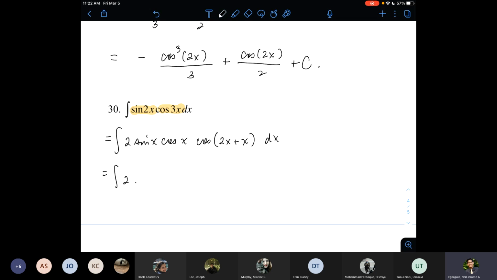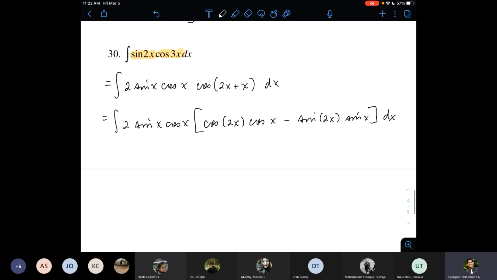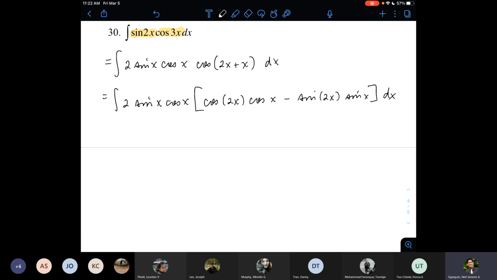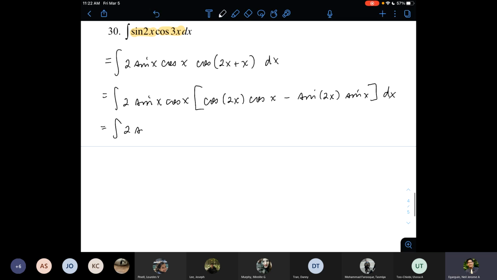And there you can see I can use the sum identity. So this would be cosine 2x cosine x minus sine of 2x sine x dx. All right. So if you remember that, that's the addition identity for cosine. Okay. And then write everything in terms of the argument x alone.